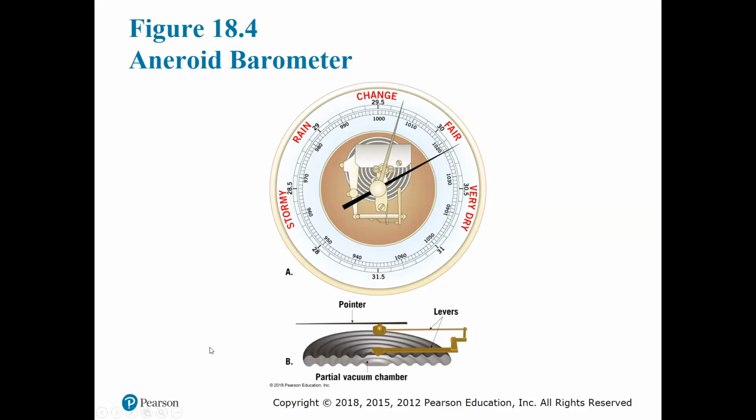There's a vacuum chamber underneath this, kind of showing you a side view here. It's partially empty. So it's got a little bit of air in it, but it's not full of air. This chamber is going to be sensitive to changes in the air pressure. And so it's going to change shape, compressing when the pressure increases, and then expanding when the pressure decreases.